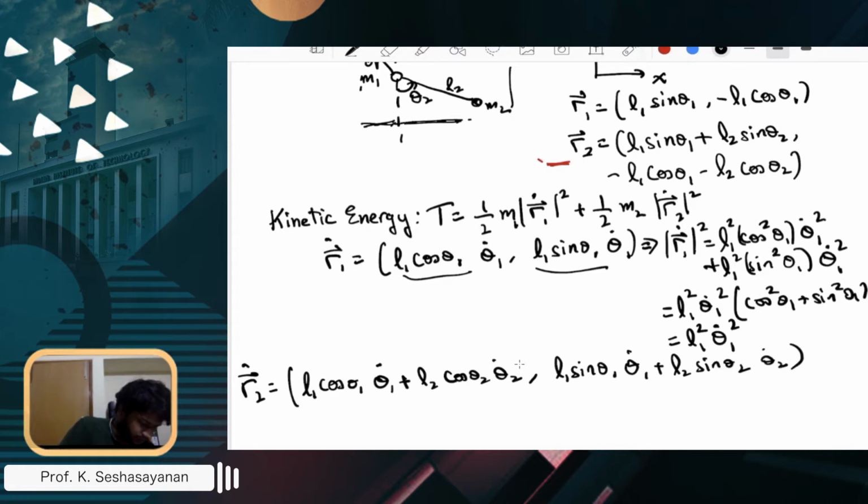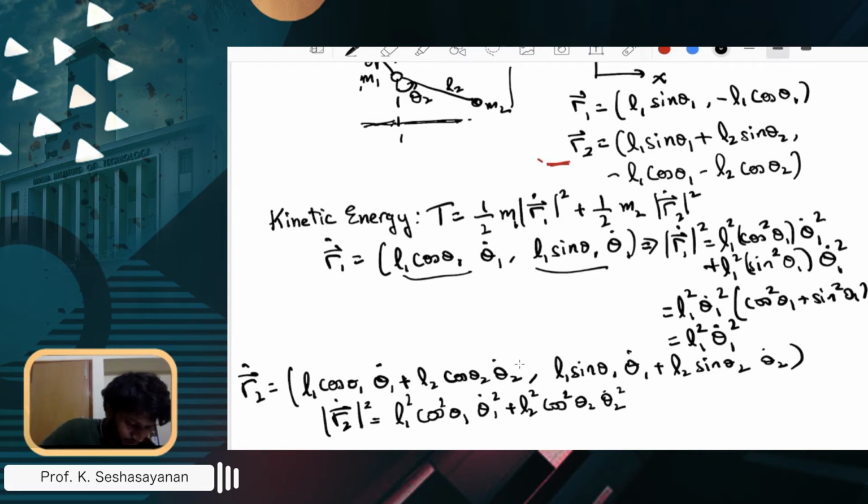And we can try to construct r2 dot square, nothing but L1 square cos square theta 1 theta 1 dot square plus L2 square cos square theta 2 theta 2 dot square plus 2 L1 L2 cos theta 1 cos theta 2 theta 1 dot theta 2 dot.